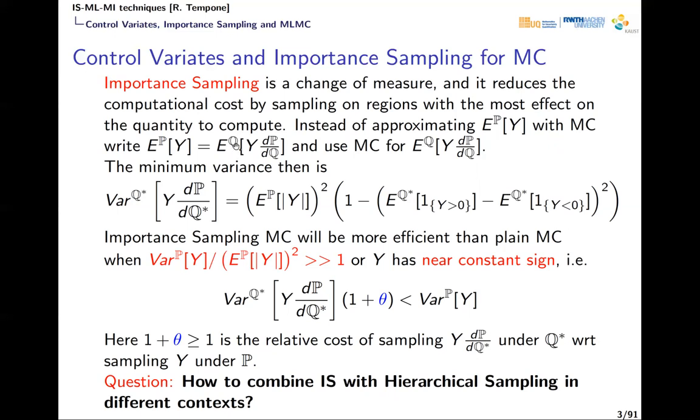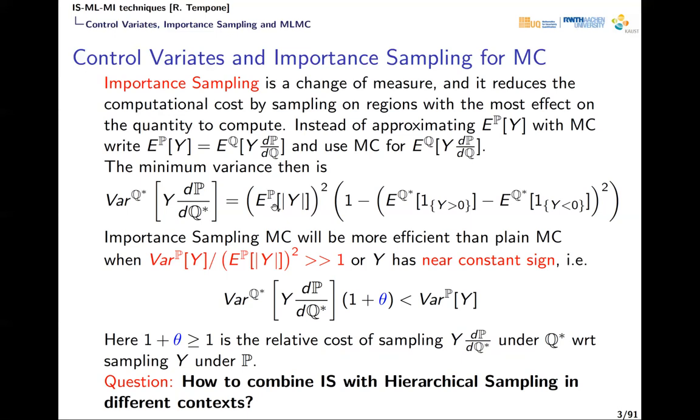If we choose Q optimally, then the minimum variance we can achieve in this process is given by this formula. Essentially you see two things here: one is this square, and the other is this difference. This method is going to be effective when either this part is small or this part is small.